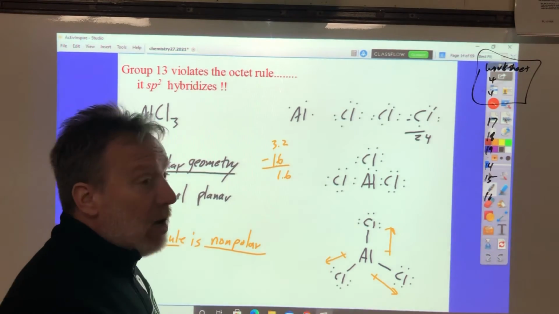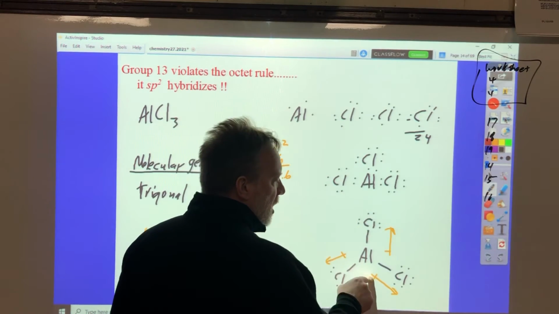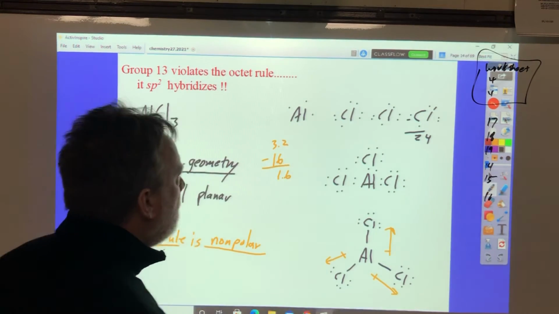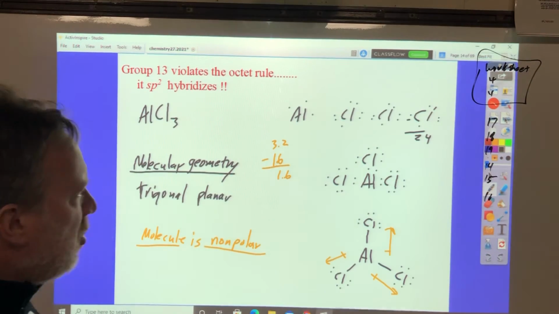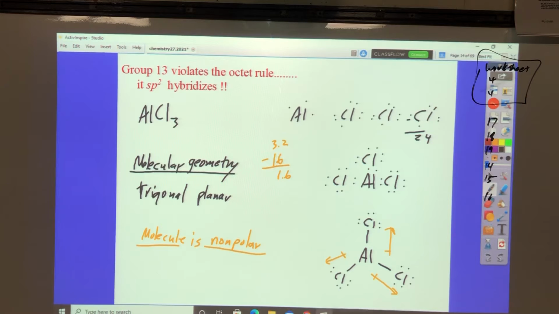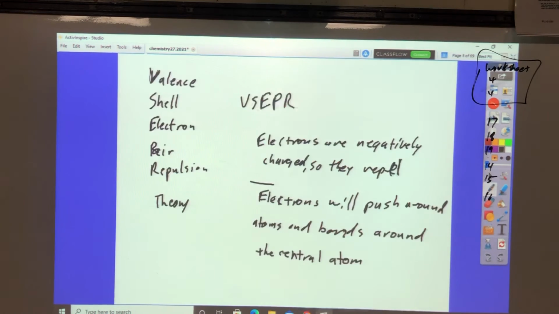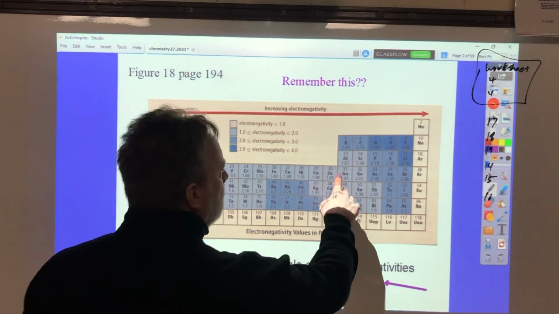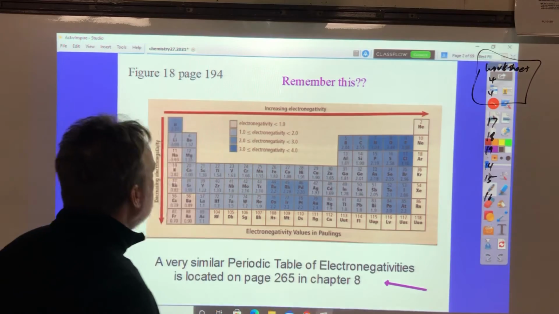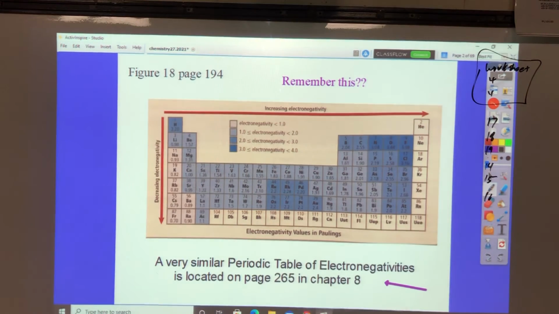This molecule is nonpolar, even though that bond's polar, and this bond's polar, and this bond's polar. If you take aluminum and subtract chlorine, it's 3.2 and 1.6. Aluminum, 1.6. Chlorine, 3.16. Let's say 3.2.